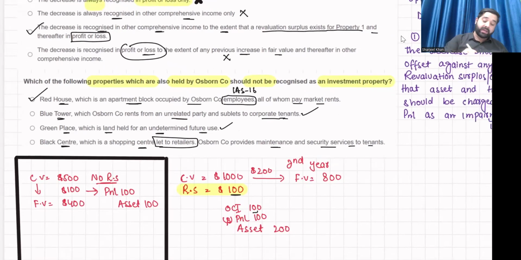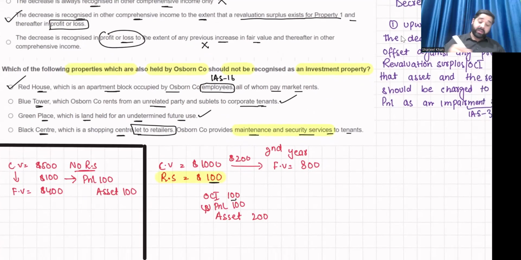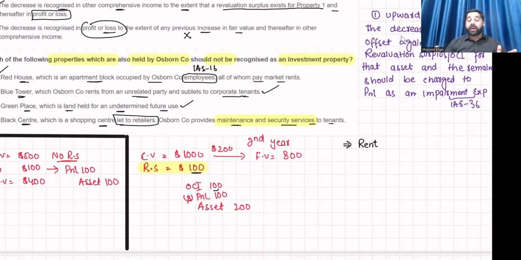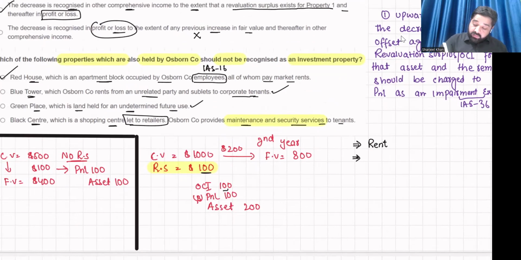Now here is another concept. Osborn Company provides the maintenance and the security services to tenants. Now here Osborn Company is providing two services. One, they provide their shopping center on rent to their retailers, and also Osborn Company is giving other services as well, which are maintenance and security services.